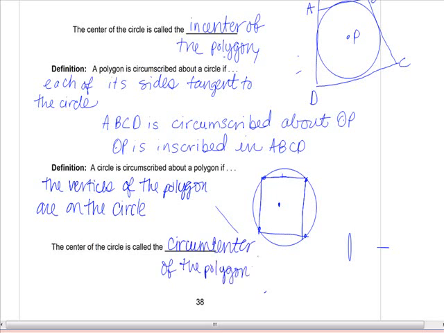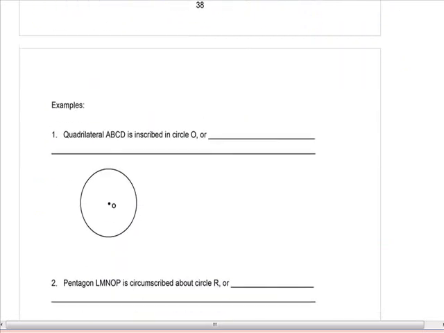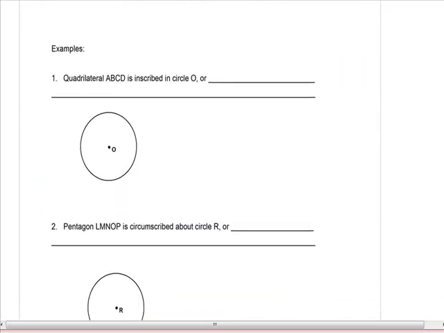And the words incenter and circumcenter are handy to know when you're reading a problem in your textbook and it's describing a diagramless problem. All right, so turn the page. And they want you to go ahead and draw this in number 1. And it says quadrilateral ABCD is inscribed in circle O. Now, if it's inscribed in, where are you going to put the quadrilateral? Inside.